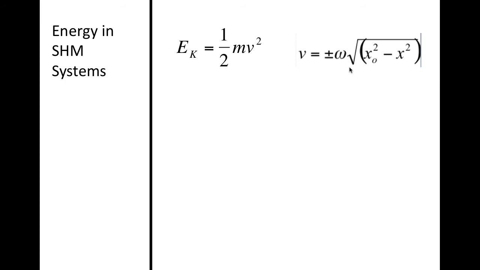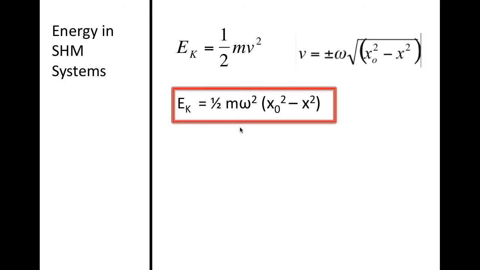Subbing the velocity into the energy equation, we get the following equation, after you simplify. To find the maximum kinetic energy, you need to set x to 0, and then you are left with this equation here.